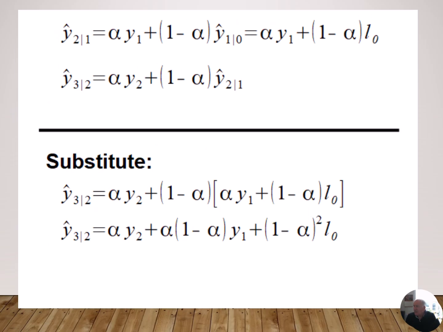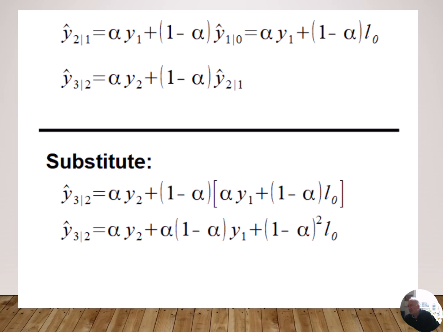So for example, let's look at y at 2, where we have a value for it, and let's call the initial value y at 0 equal to L naught. If we look at 3, we said it's equal to alpha y2 plus 1 minus alpha times the predicted value for 2. But the predicted value for 2 is just alpha y1 plus 1 minus alpha L naught.